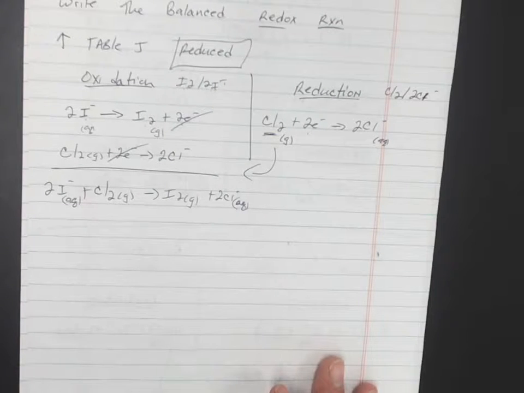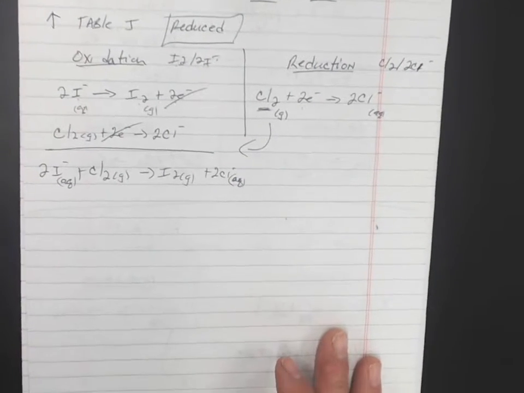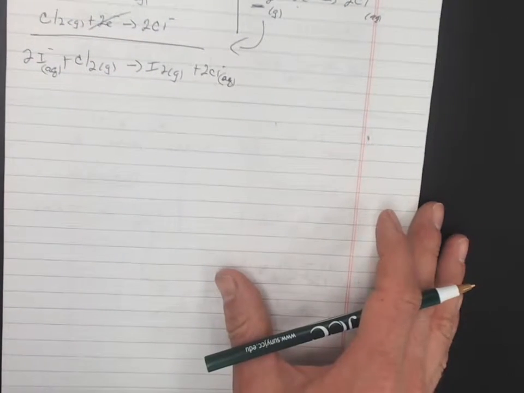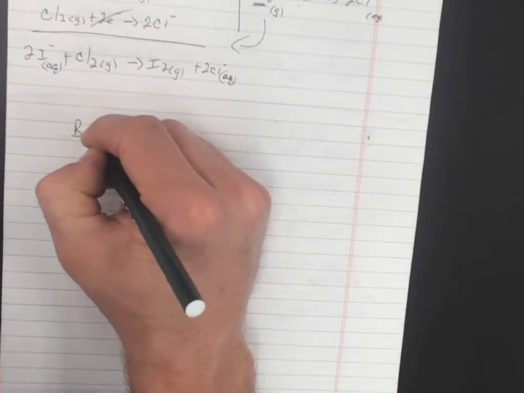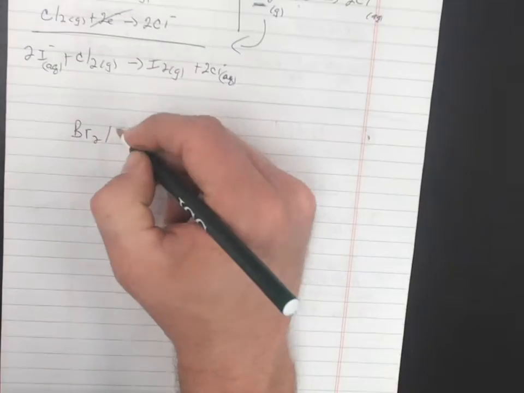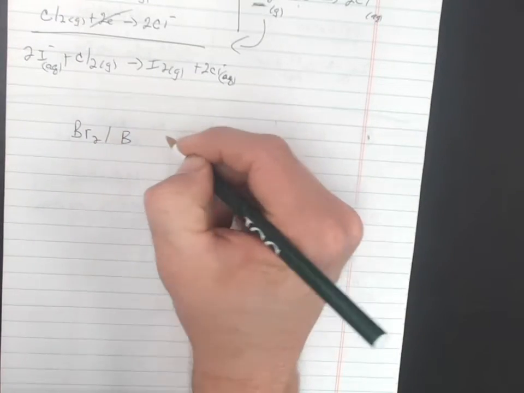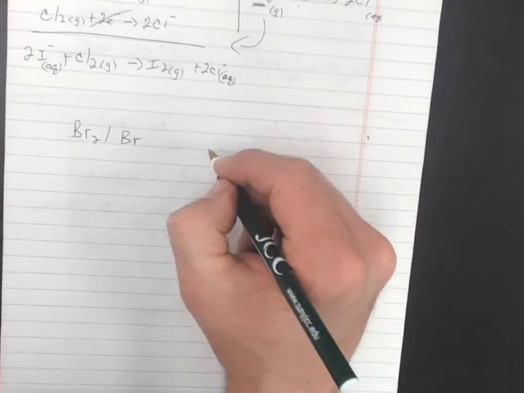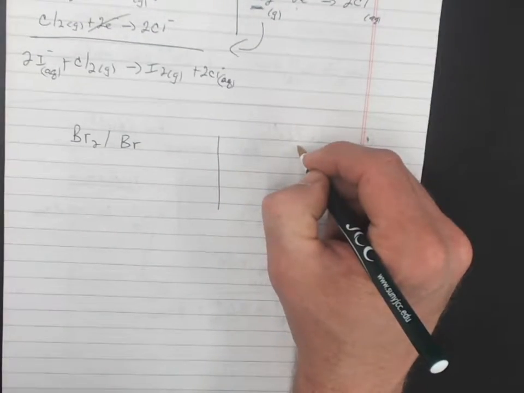You want another one involving nonmetals? Okay. So another review here involving nonmetals. Why don't you do this for the following? Br2, Br negative, and F2, F negative. You're going to have to do the balancing on your own to make it more realistic.